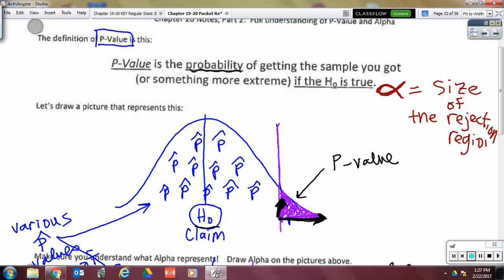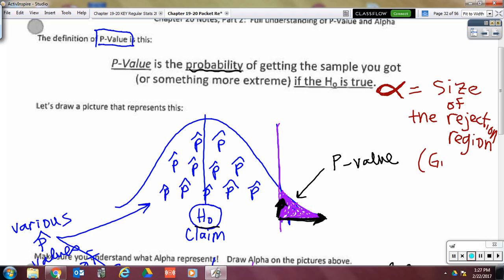Size of the rejection region. Actually, alpha does usually go in that direction because it is a lowercase Greek alpha, so it is in that direction. So there's alpha. So alpha is the size of the rejection region. And I will tell you, sometimes it is told to you. Sometimes you are told alpha.